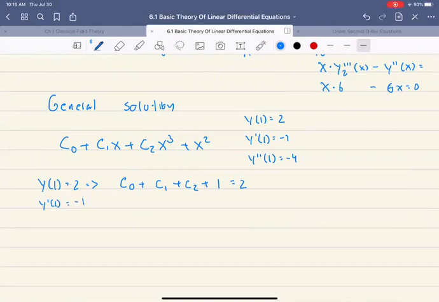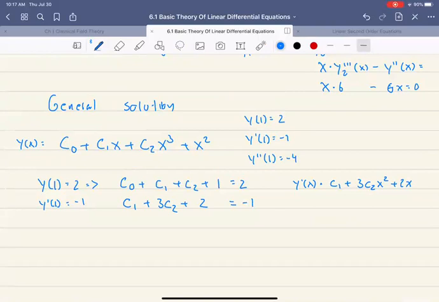So that means let's take y prime of x. That's going to be C1 plus 3C2 x squared plus 2x. So that's going to be C1 plus 3C2 plus 2 equals negative 1.